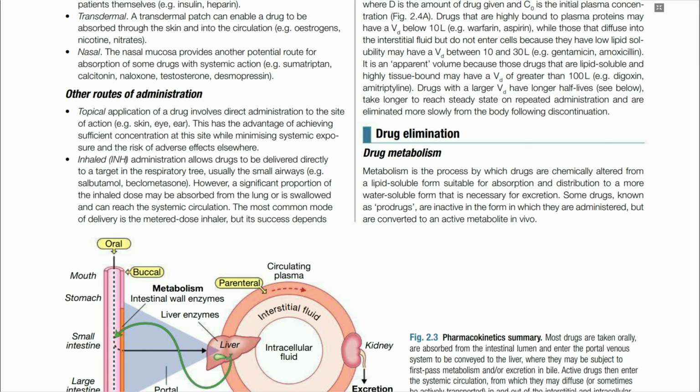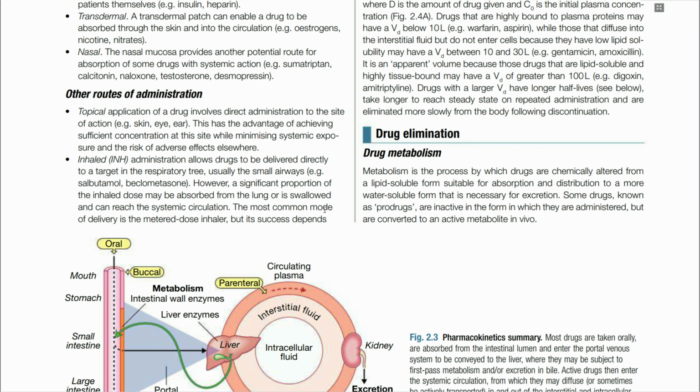Inhaled (INH) administration allows drugs to be delivered directly to a target in the respiratory tree, usually the small airways. Example: salbutamol, beclomethasone. However, a significant proportion of the inhaled dose may be absorbed from the lung or is swallowed and can reach the systemic circulation.